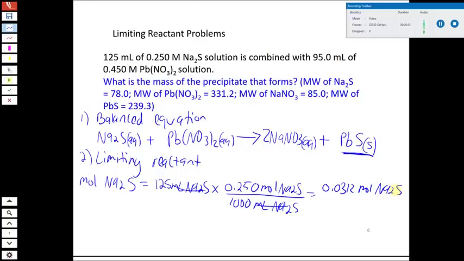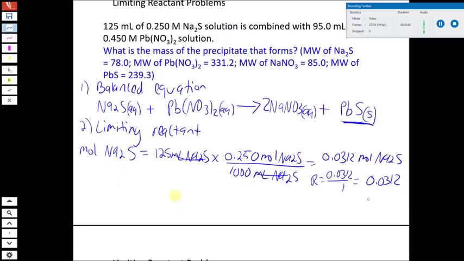Remember, the number of moles does not directly tell you what the limiting reactant is. You have to divide that by the coefficient to get what is called R. In this case, the coefficient is 1, so it's the same number. So that's the stoichiometric ratio for sodium sulfide, 0.0312. And then we're going to do the same thing for the other reactant, which is lead nitrate.